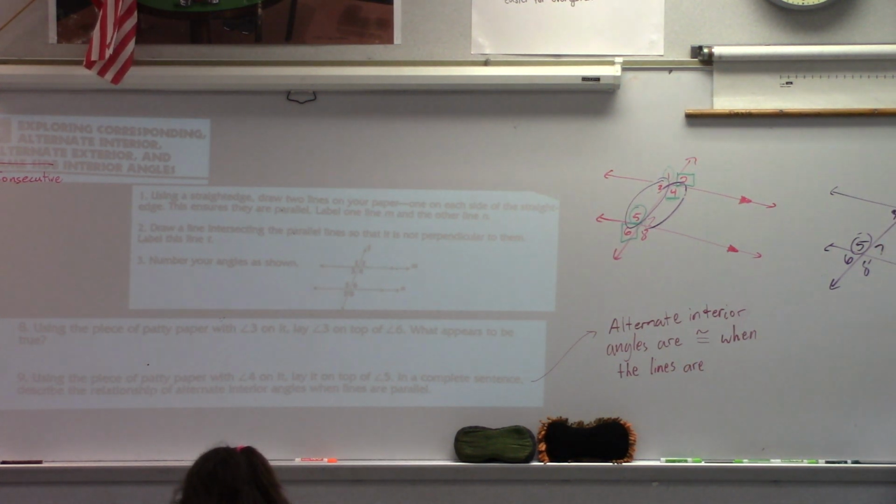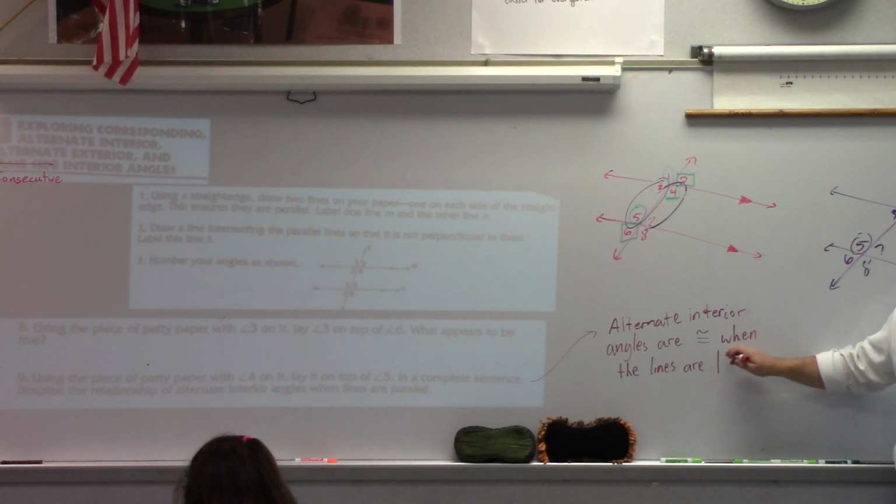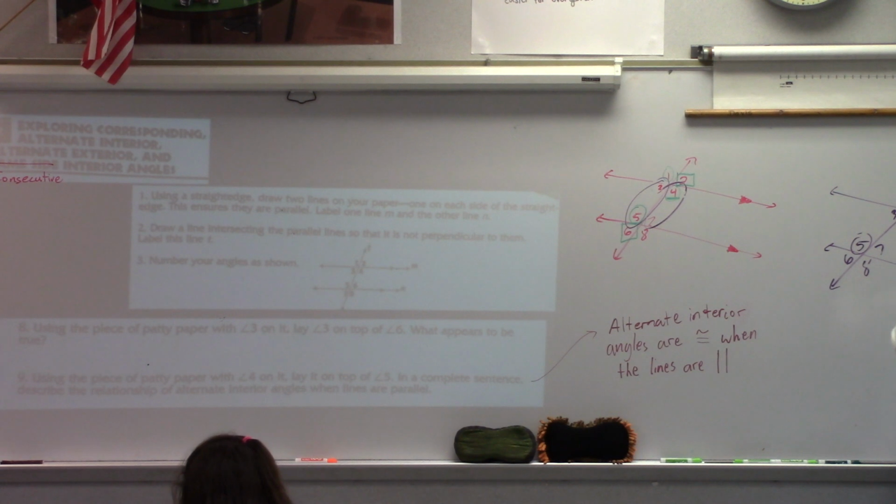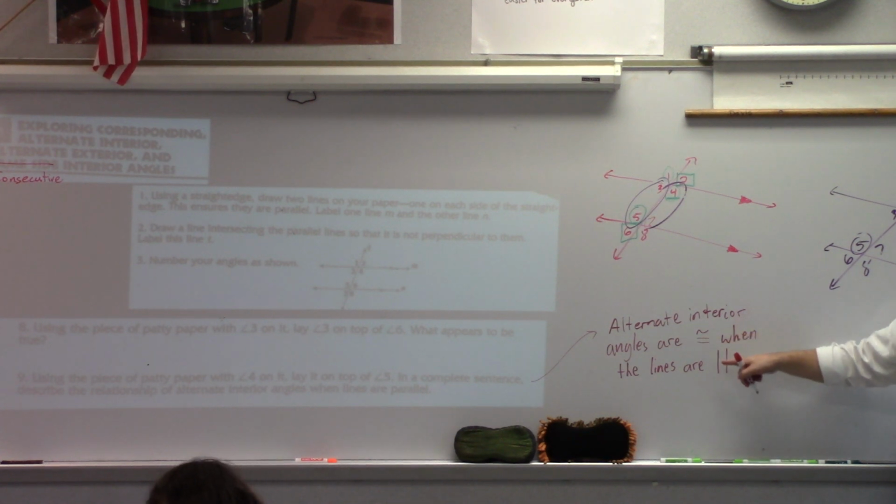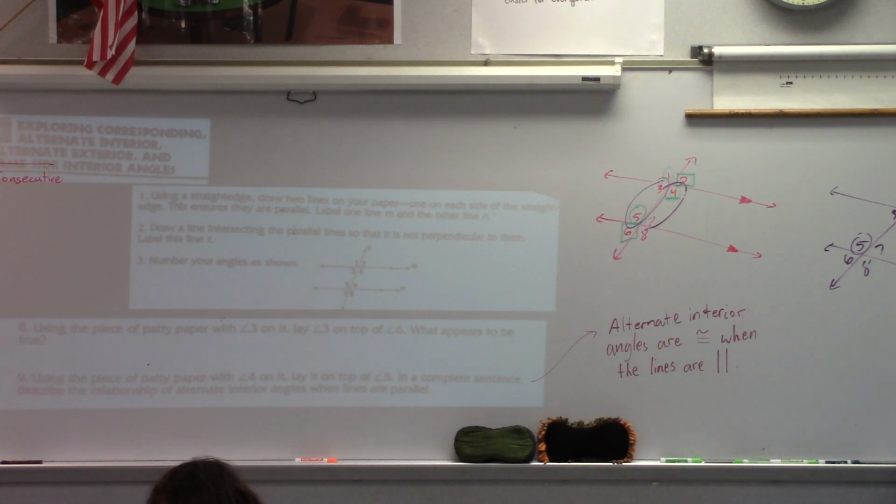So remember, we draw the triangles on here to show the lines are parallel, but parallel is just two vertical lines that are parallel to each other. Okay? So alternate interior angles are congruent when the lines are parallel. So a little bit of shorthand to help us speed up our writing and our note taking. So you gotta know what those symbols mean.